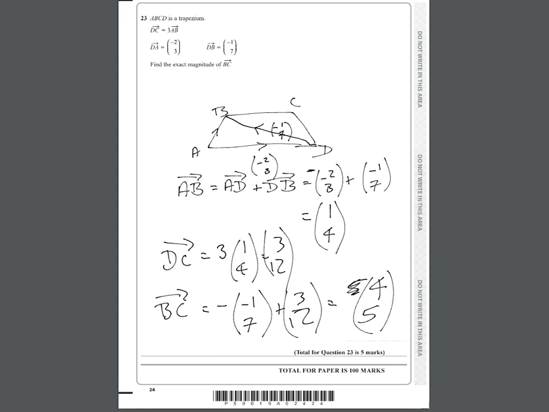And the magnitude of that is 4 squared plus 5 squared, which is the square root of 41. Exact magnitude, exact square root of 41. There we go.